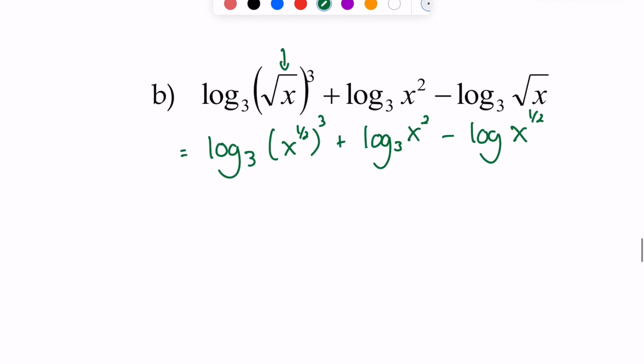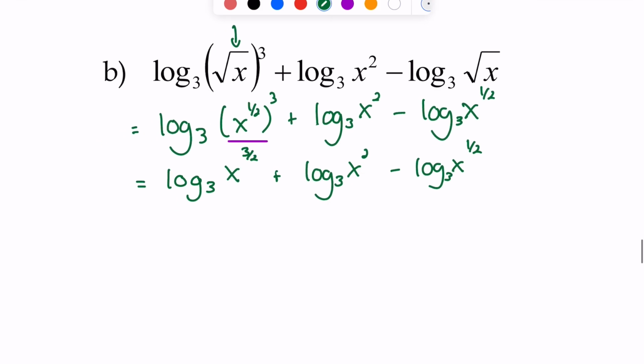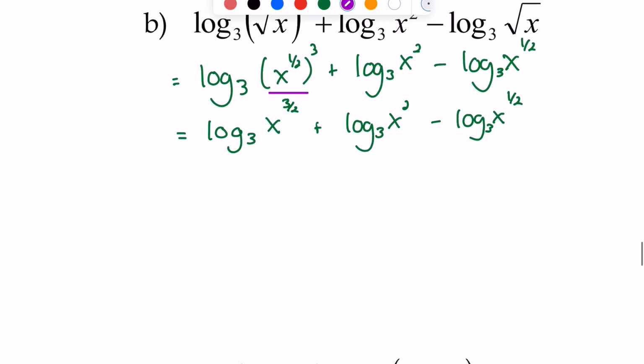Okay, so this right here, let's clean that up. So that first term is log base 3, x to the, well, multiply exponents, so that's 3/2, plus log base 3 of x squared minus log base 3 of x to the 1/2. Well, we have a product and we have a quotient, so you can think of it like all in one line now.